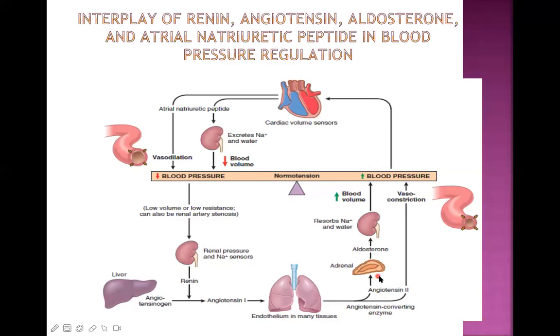I have already explained this. It causes vasoconstriction, which can directly raise the blood pressure, or it can lead to secretion of aldosterone, which is resorbing sodium and water. By that it increases the blood volume, and again blood pressure will come back towards normal. So this is how the balance is occurring in our body.